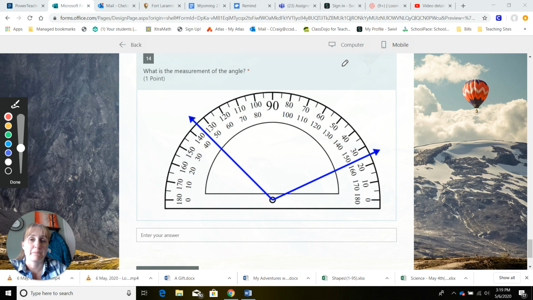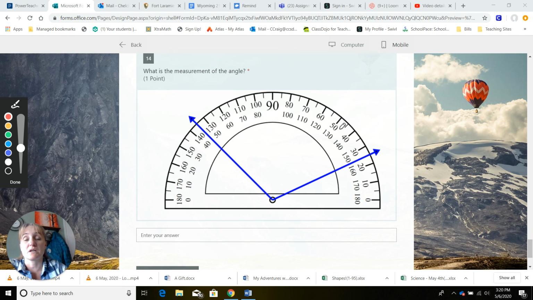Go ahead and do that math for me. 135 minus 25. I don't know about you, but I got 110. And that's what this includes, then. It's more than 90, so that would make it obtuse.